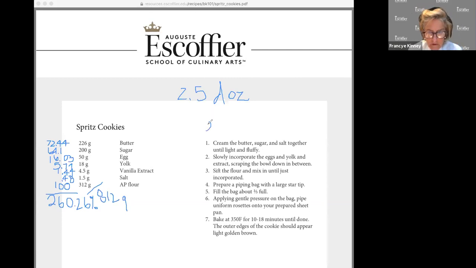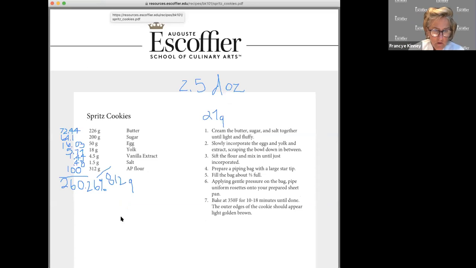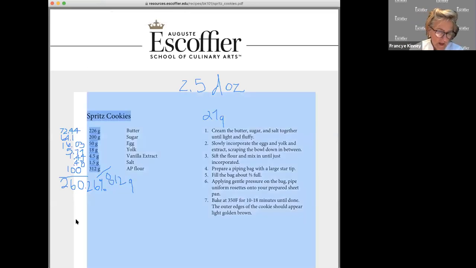So if there's about 27 grams in each one, and you want to make about 48 of them, you could take your 48 times 27.